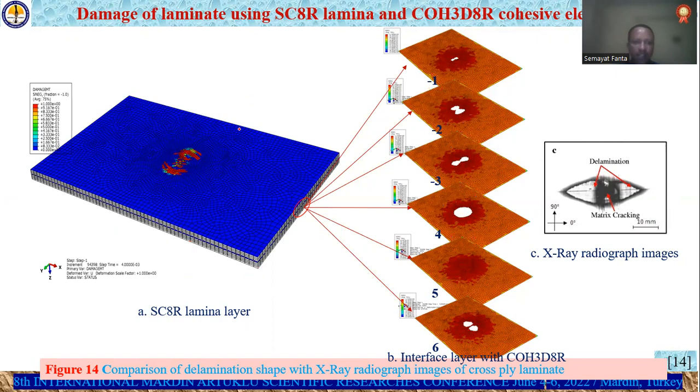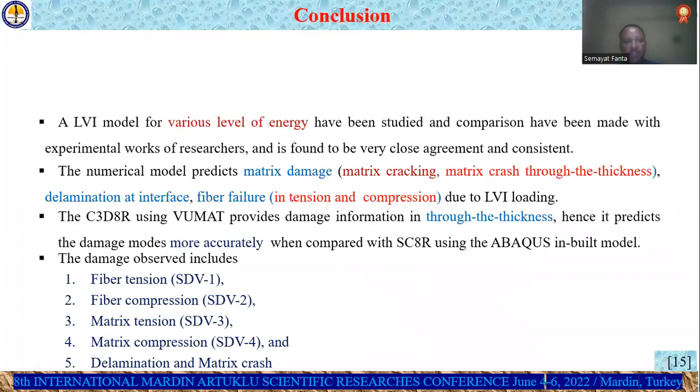So we have 8 laminae and 6 interfaces, because we are not using an interface at the 90-90 position. And this is the X-ray radiographic image of delamination shapes. Most common delamination shapes are at 90-0 interfaces. The orientation of delamination shapes is clearly similar, a bean-shaped delamination.